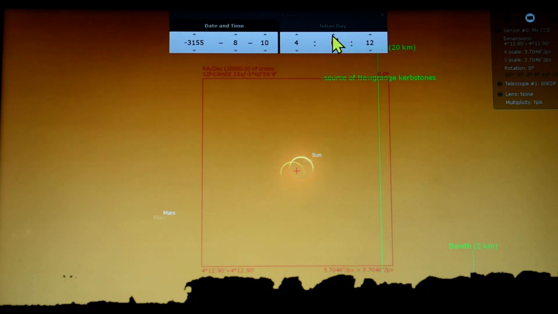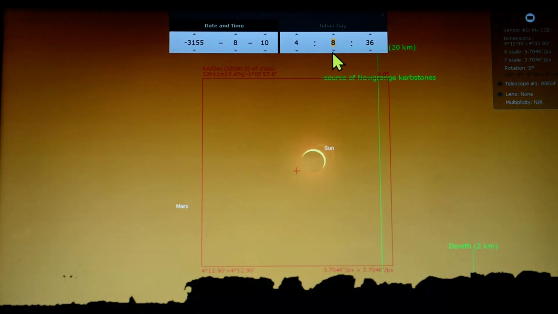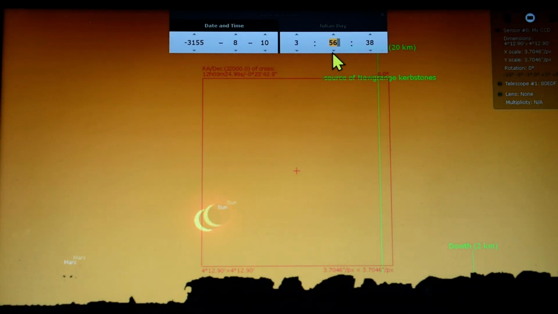It's almost upside down. 6, a little past upside down. 7, 8, 9, 10, 11, 12, 13, 14. So, as we can see, within a span of just a few minutes, the thin crescent of the sun has appeared to rotate.